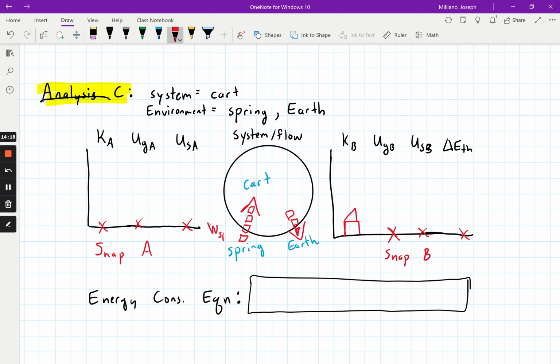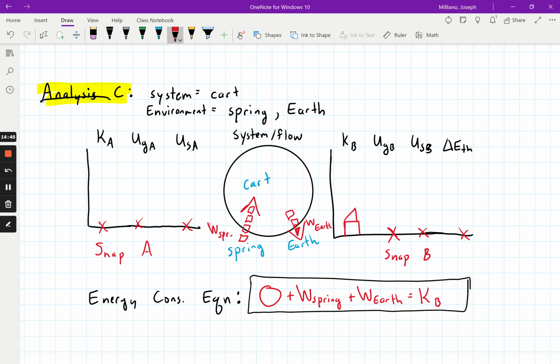The spring adding energy into the system, and there's the working by the earth to remove some energy. And so our energy equation looks like this. We start with no energy. We add in 4 blocks of energy via the spring. The earth removes some of that energy, and we end up with kinetic energy in the end.